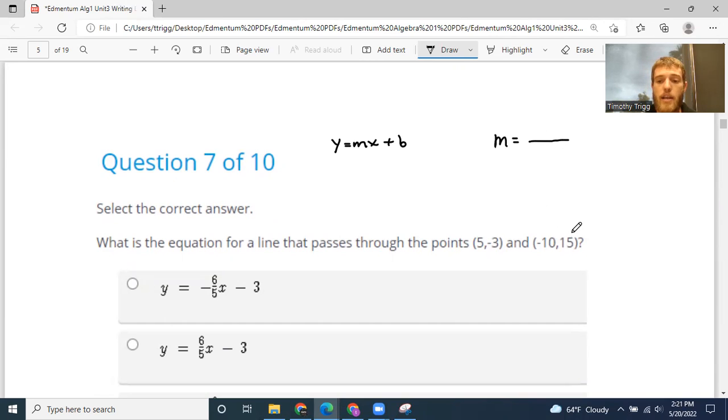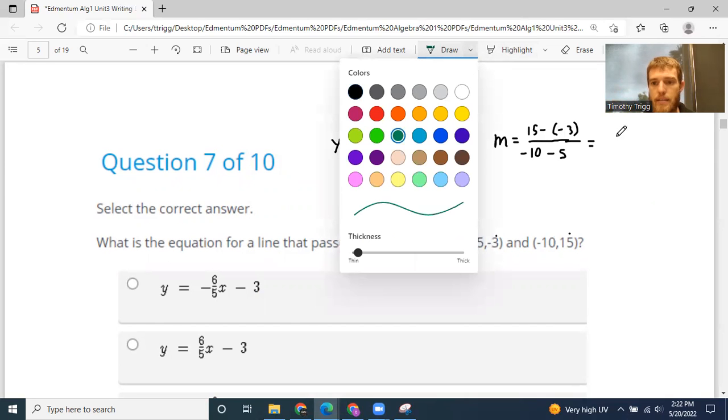So to find the rise, we subtract the y values. So here I'm going to do 15 minus -3. Then in the denominator, we subtract the x values, so -10 minus 5. Now, 15 minus -3, that minus negative makes it a plus. So this is the same as 15 plus 3, which of course is 18.